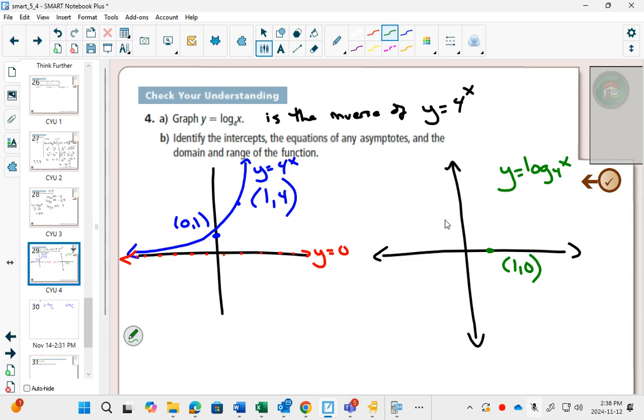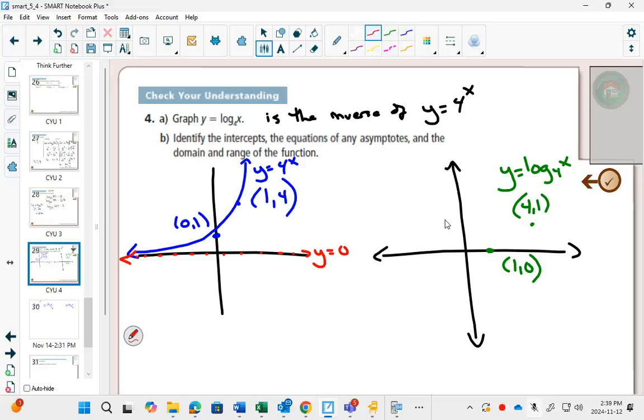Just like all exponential graphs have 0, 1, when you switch x and y, that means all log graphs are going to have 1, 0. And if I had the point 1, 4, you're going to have the point 4, 1, which kind of makes sense. If you plug in a 4 for x, 4 to what exponent would be 4? The answer would be 1.